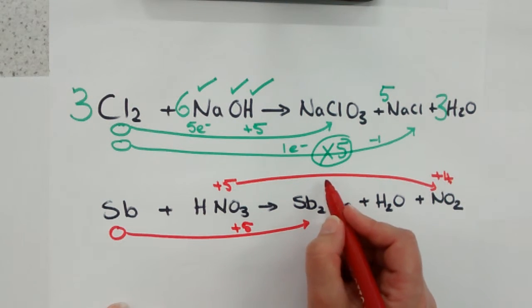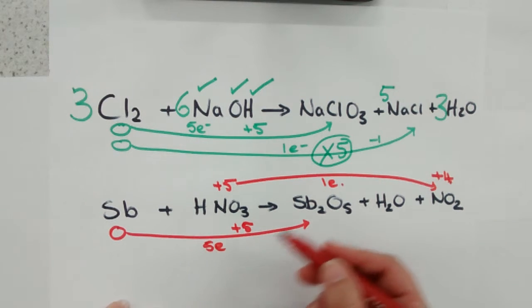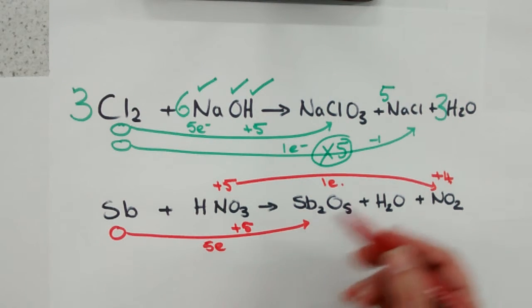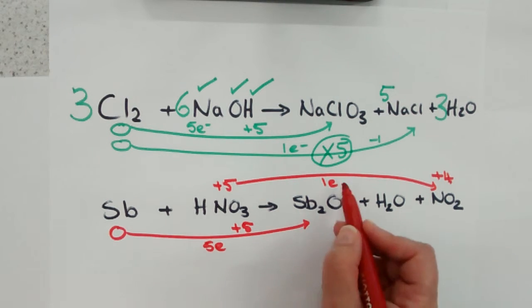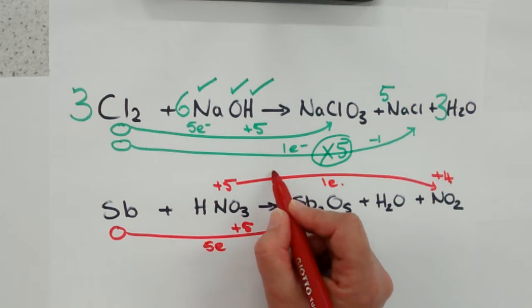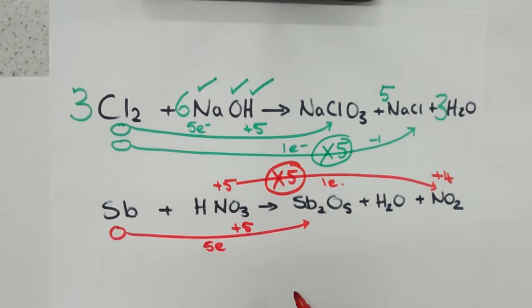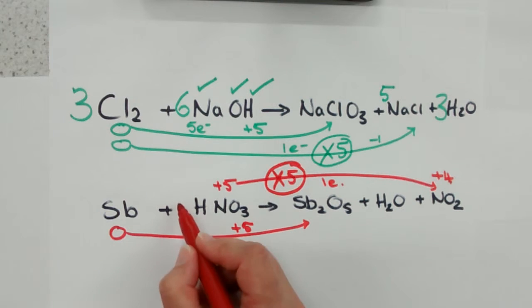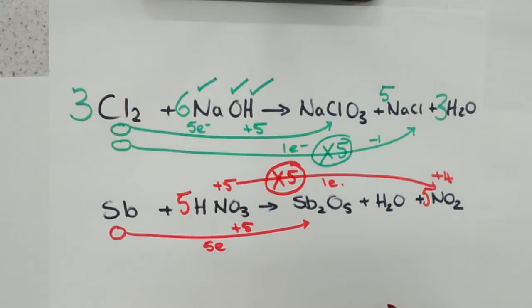So this one is gaining an electron, and this one is losing 5 electrons. So once again, if these two processes are going to happen and the electrons can cancel out in the processes, we're going to need a big times 5 on this top one here. So that means I'm going to need 5 of those and 5 of those to make this balance.